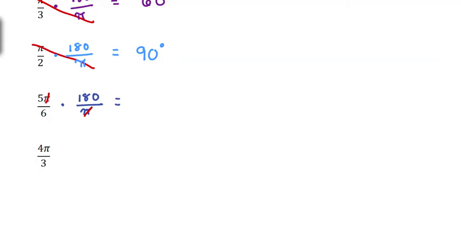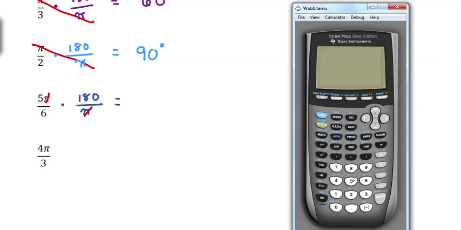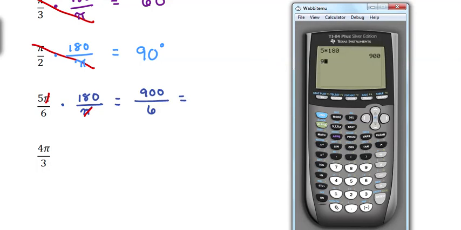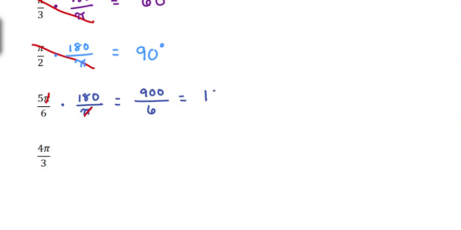The numerator is going to be 5 times 180, so you may want to multiply that out. 5 times 180 is going to be 900. And then the denominator is just 6. So maybe you're good at dividing, maybe not. 900 divided by 6 is 150.